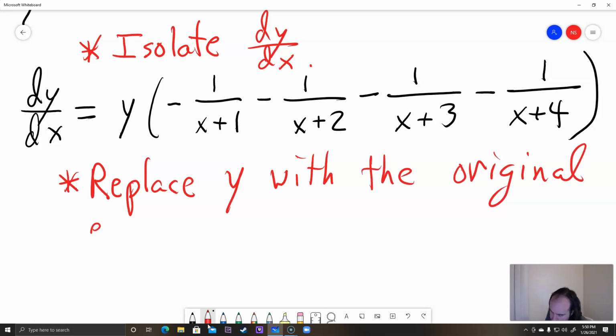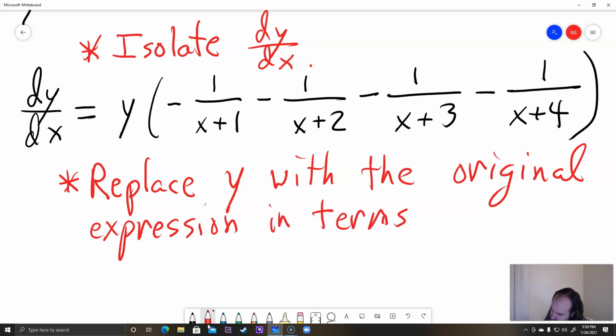Replace y with the original expression in terms of x. Now, in the original expression on your discussion board, it'll actually be in terms of t, but you're still going to plug in the original expression in terms of t. So here we're going to plug in the original expression in terms of x.